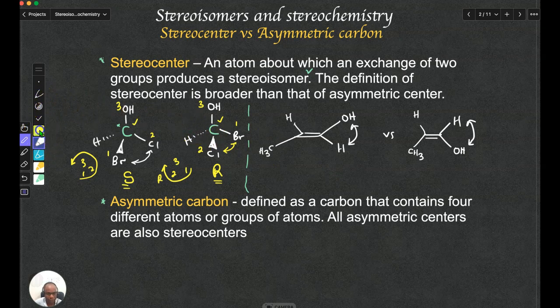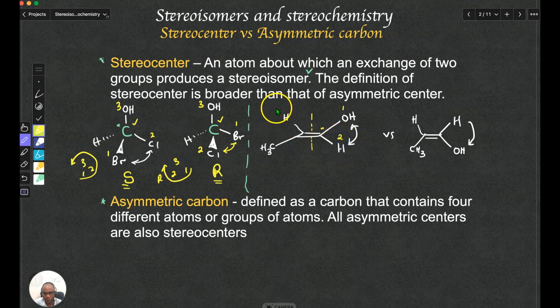We'll talk about that later. Assigning priorities across the double bond to get the cis-trans stereoisomerism, oxygen bonded to this carbon of the double bond gets 1 because it has an atomic number of 8, which is higher than hydrogen, which will get 2.